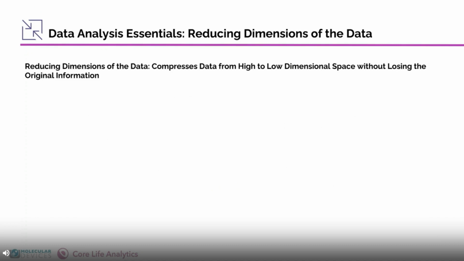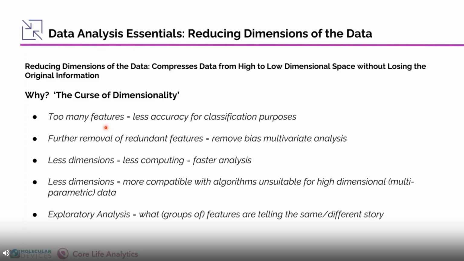High-content screening often uses highly multiparametric measurements, and it is essential to reduce the dimensions of the data. What this means is that you're compressing the data from a high to a low dimensional space without losing the original information. Why this is important is due to the curse of dimensionality, which means that if you have too many features, there is less accuracy for classification purposes.